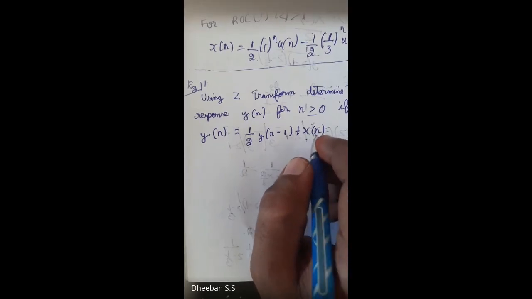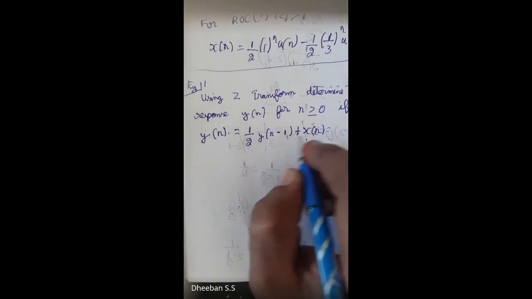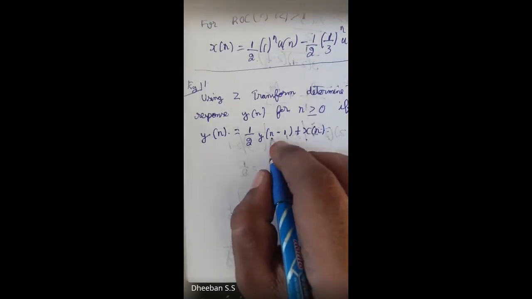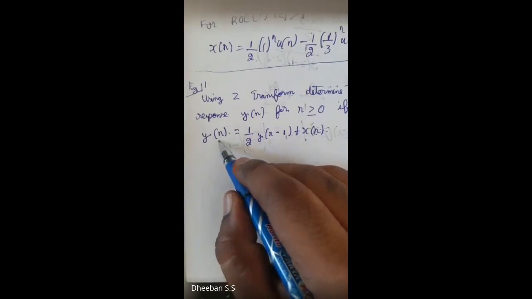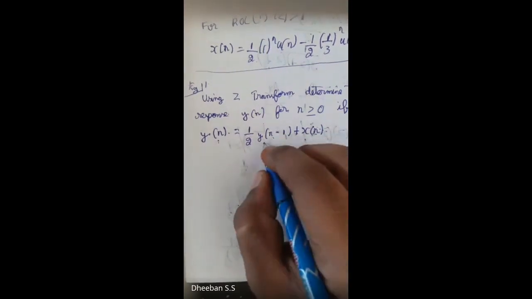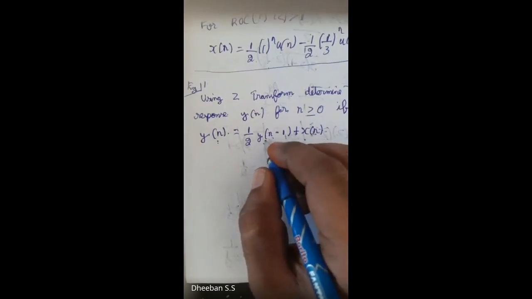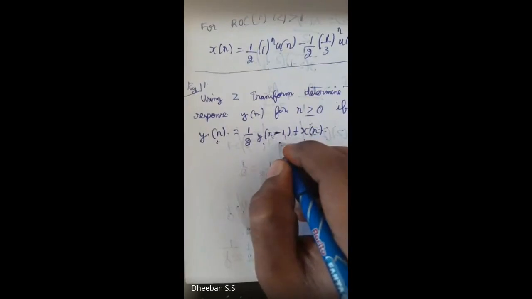In this signal, what you can infer is that y of n is your present state, y of n minus 1 is your past state. So your output depends upon the previous state.